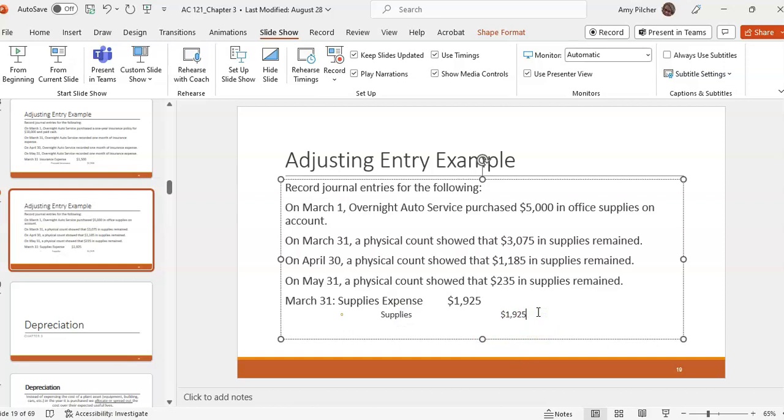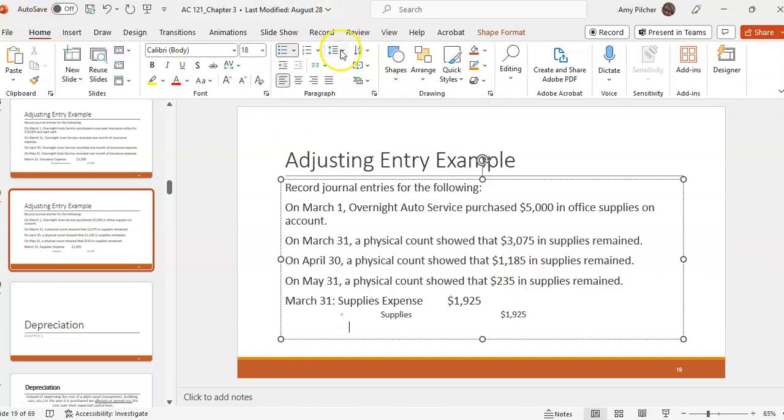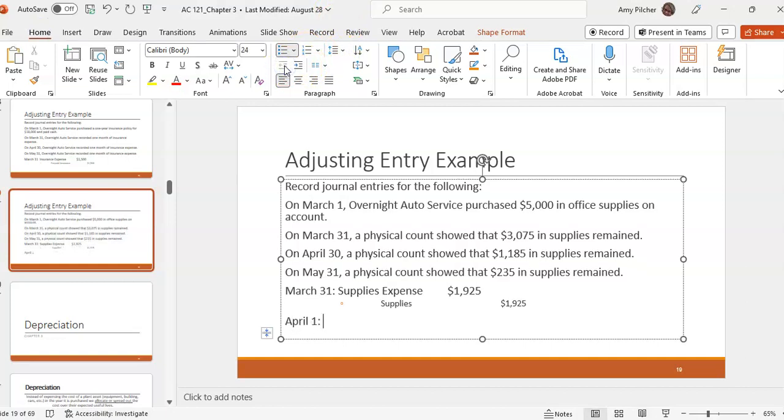We then have April 1st, and the formatting is going to irritate me. So April 1, and we are recording supplies expense and supplies. The difference now is that we started April 1 with the 3,075 in supplies remaining, since on March 31st we had 3,075 in supplies.